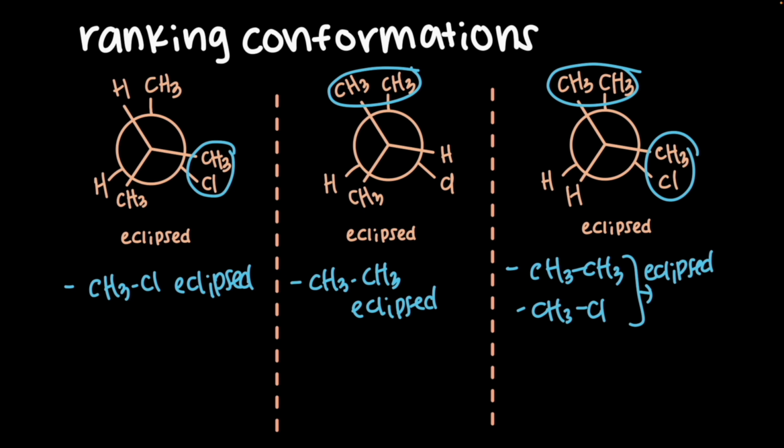The Newman projection with the largest groups having the most eclipsing interactions will be the last conformation because I have the 2 largest groups, CH3CH3 eclipsing, but also a CH3Cl eclipsing, so there's going to be a lot of torsional and steric strain.